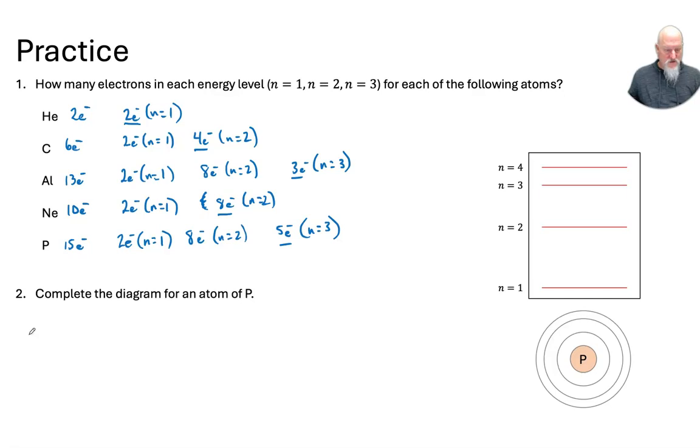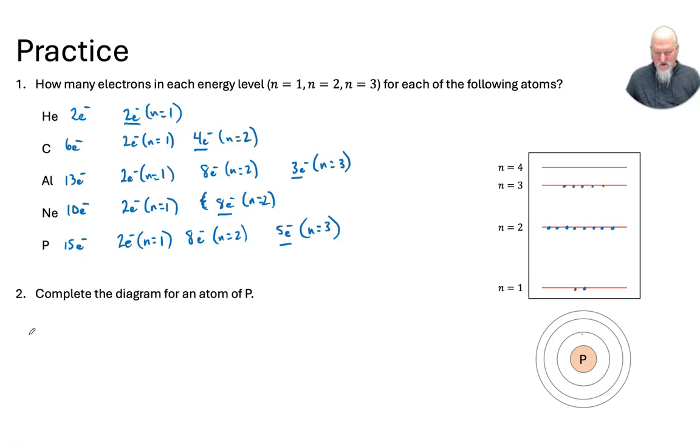Okay? So if we want to do the diagram for phosphorus over here, so for phosphorus, there's 2 electrons in n equals 1. There's 8 electrons in the n equals 2. And then there's 5 electrons in the n equals 3.